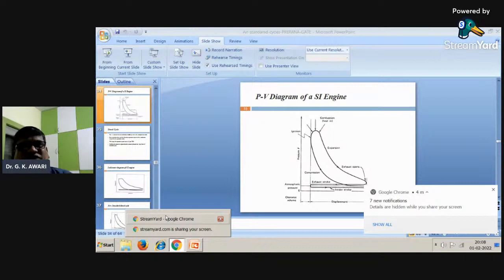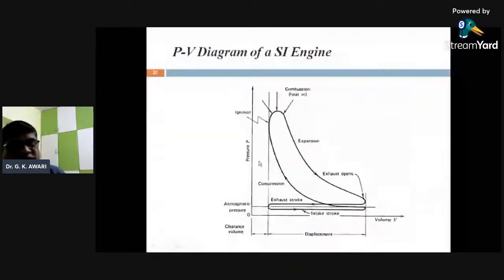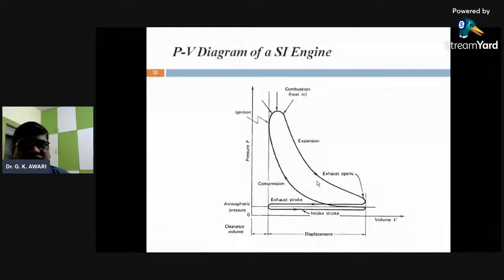Okay. So the PV diagram, the pressure-volume diagram of an SI engine. We have seen the Otto cycle, and under this cycle, this is the volume and pressure on the y-axis.